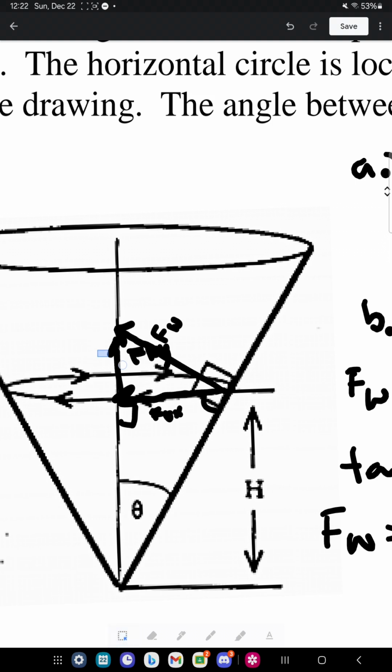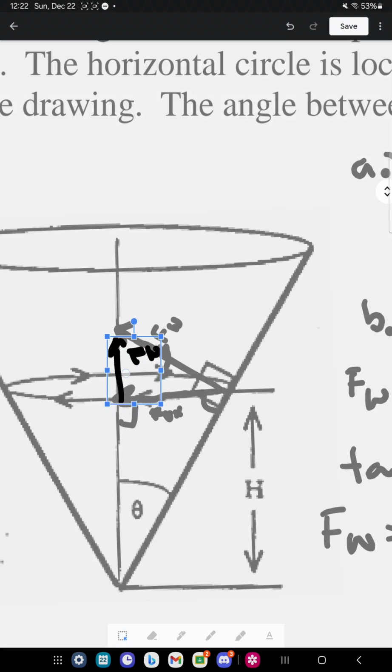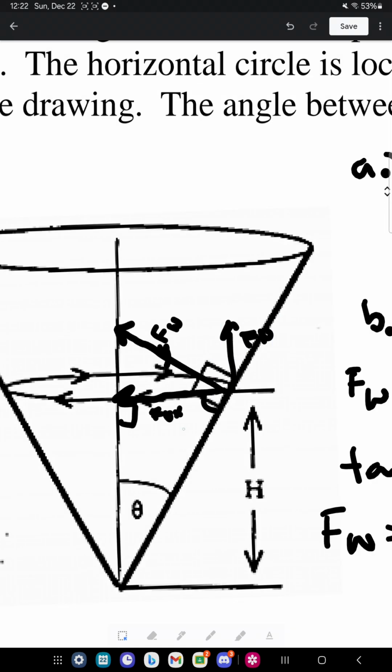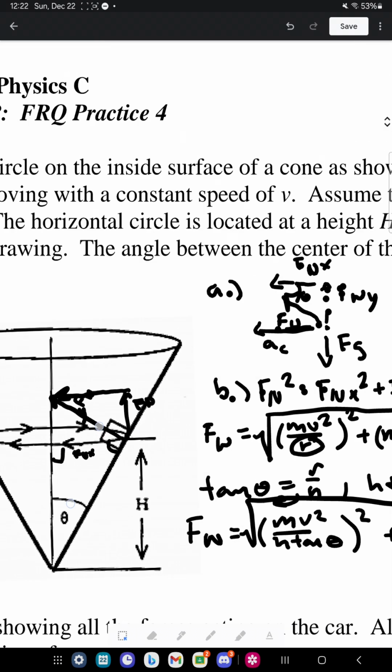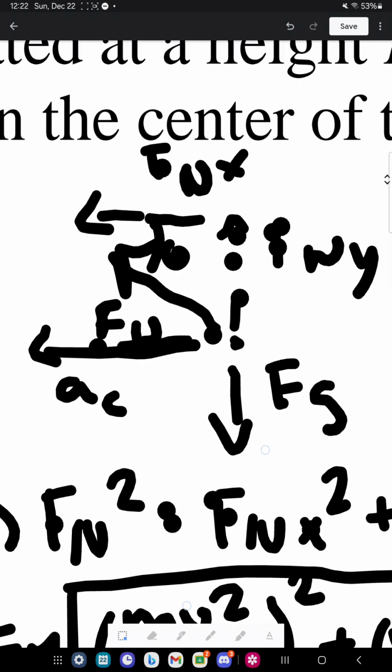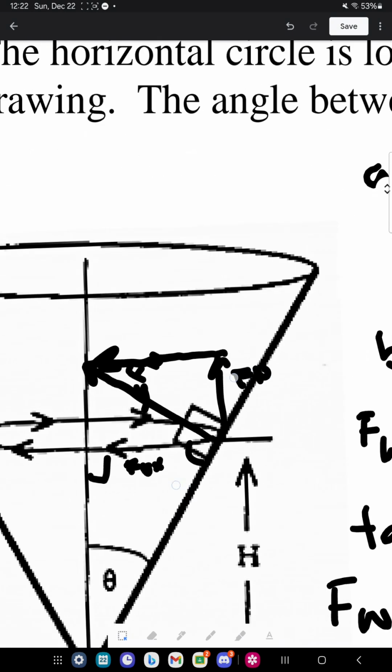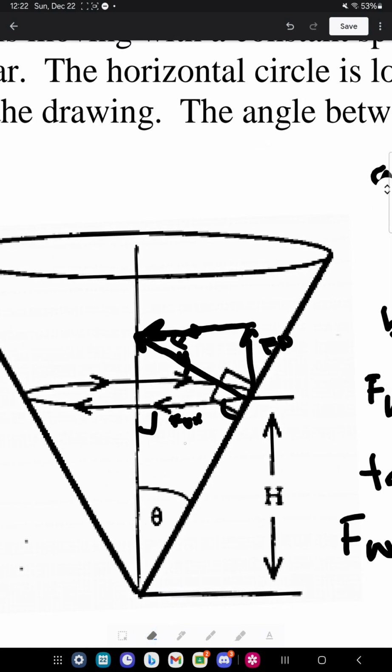Actually, I'm going to move F_n,y back here, and F_n,x up here, just to match our free body diagram drawing. So I'm just going to draw this line here.